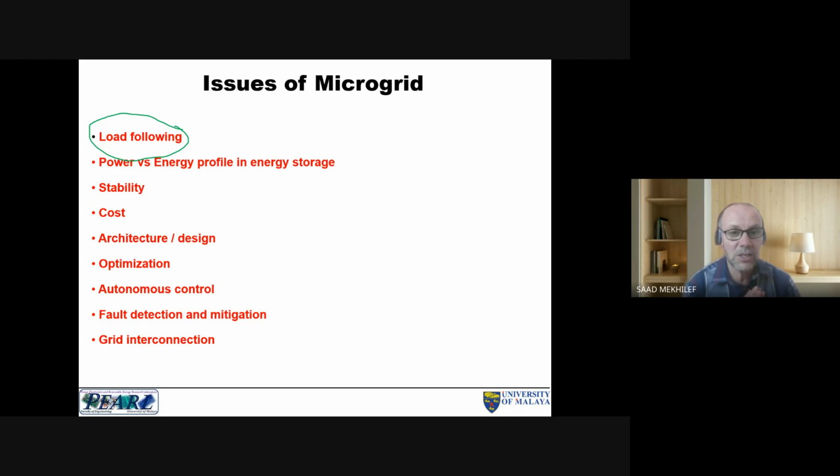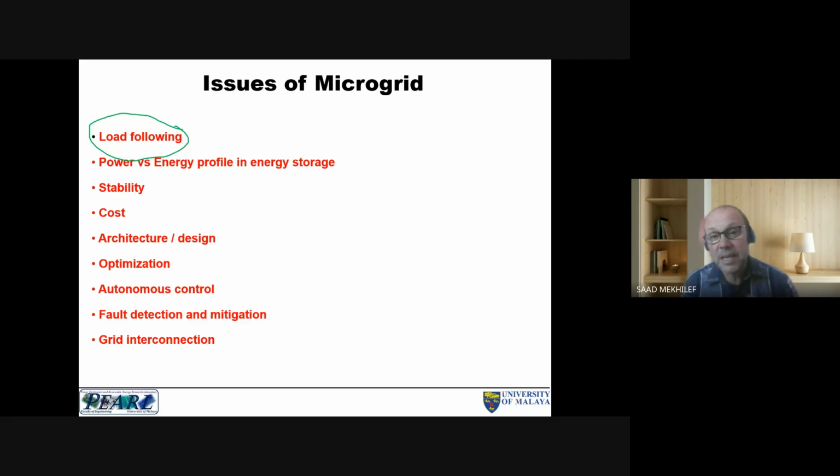Stability: for example, if there is a drop in wind speed or a drop in solar irradiance, that affects your voltage, and that affects the frequency, and then the stability of the local grid. The cost, I think we have mentioned: the investment and capital cost is quite high, but the maintenance cost is very low compared to this.